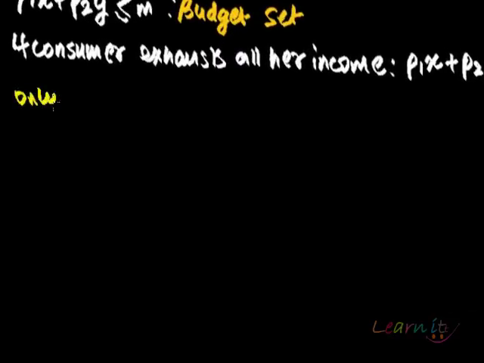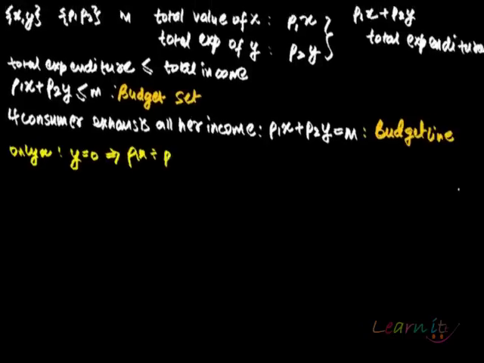If the consumer buys only X, then Y is equal to 0. That would mean P1X plus P2 into 0 is equal to M. So this would give you X equal to M by P1.